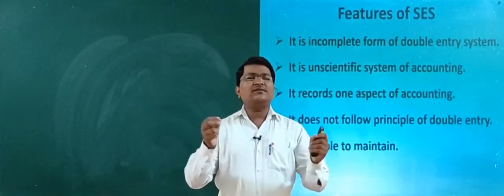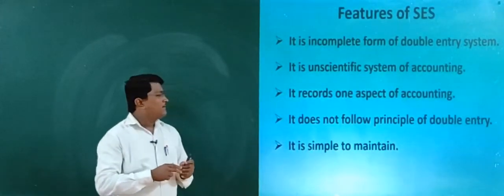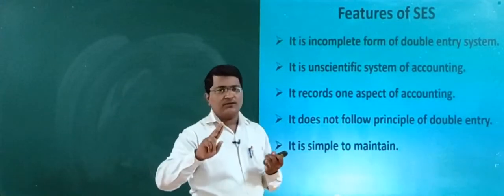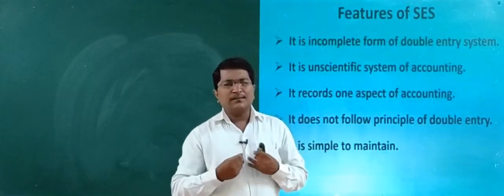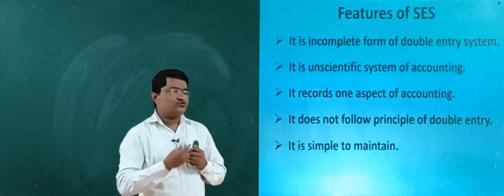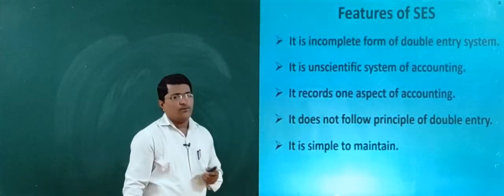Single entry system can be maintained by anyone, because it does not follow any rule of accounting. It does not follow any two entry system. Simply a normal educated person can maintain this one. So it is easy or simple to maintain.